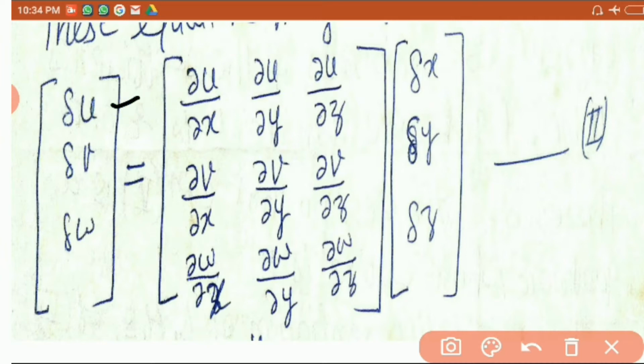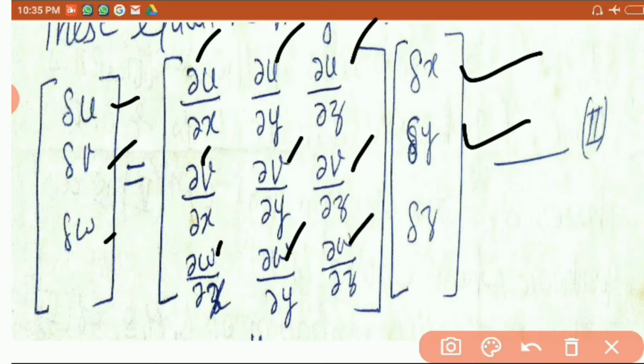Delta u, delta v, delta w is equal to the matrix with rows (dou u by dou x, dou u by dou y, dou u by dou z), (dou v by dou x, dou v by dou y, dou v by dou z), (dou w by dou x, dou w by dou y, dou w by dou z), into delta x, delta y, delta z.